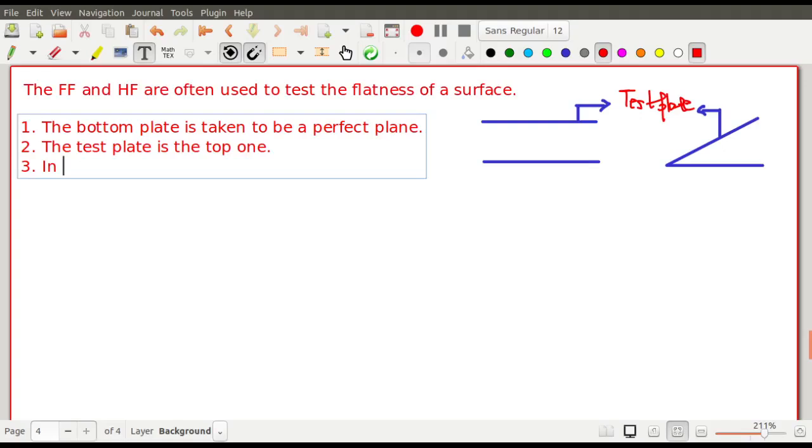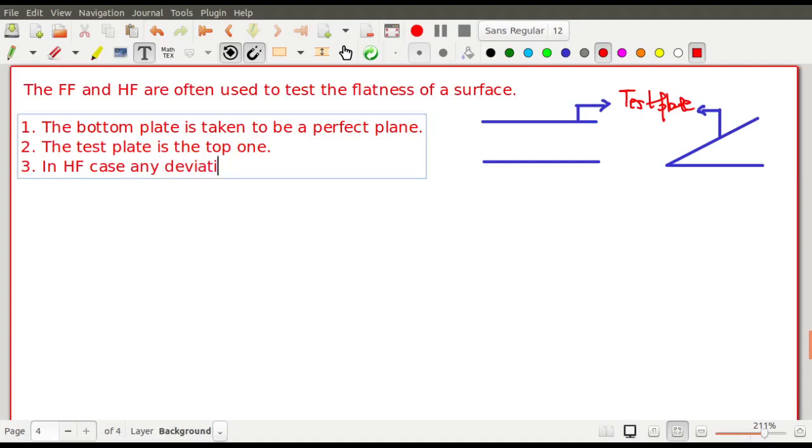In the HF case, that is Haidinger fringes, we must get circular fringes.